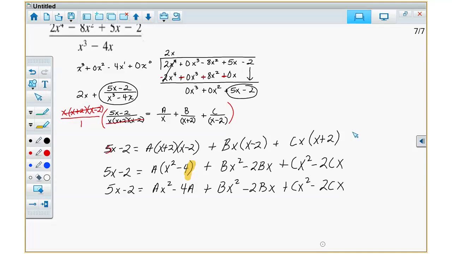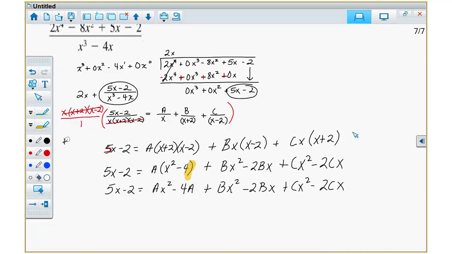The chances are we're not going to be able to use our zero factor. I was going to say we could use it right here and say positive 2 and negative 2 and 0.